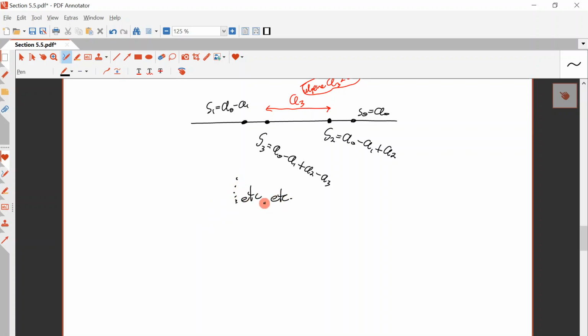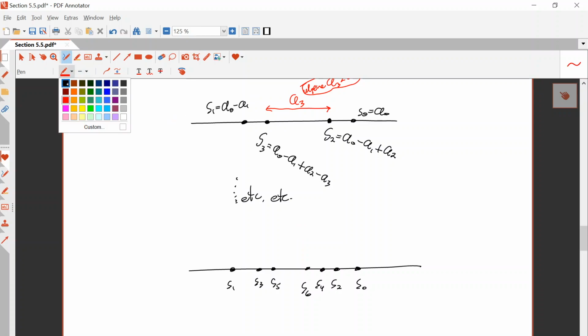Etc., etc. You just keep going like that with the partial sums. Alright, there's S0, S1, S2, S3, S4, S5, S6, and S7, where this distance between the two is the last term, A7.